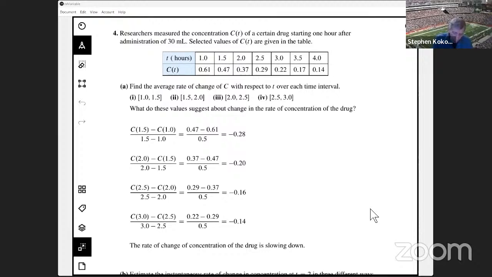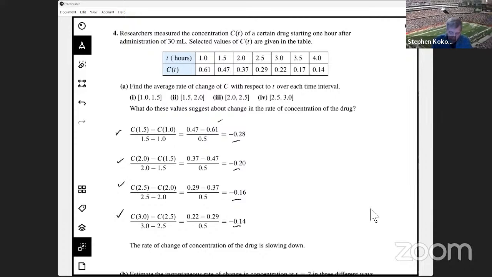Okay, I won't go through all of this in gory detail, but I'm asking for the average rate of change of C with respect to t over each one of these time intervals. So once again, what I've done in all 4 of these places is to form this difference quotient, go to the table and read off the appropriate values and do a little bit of simplification. Notice that these are negative.